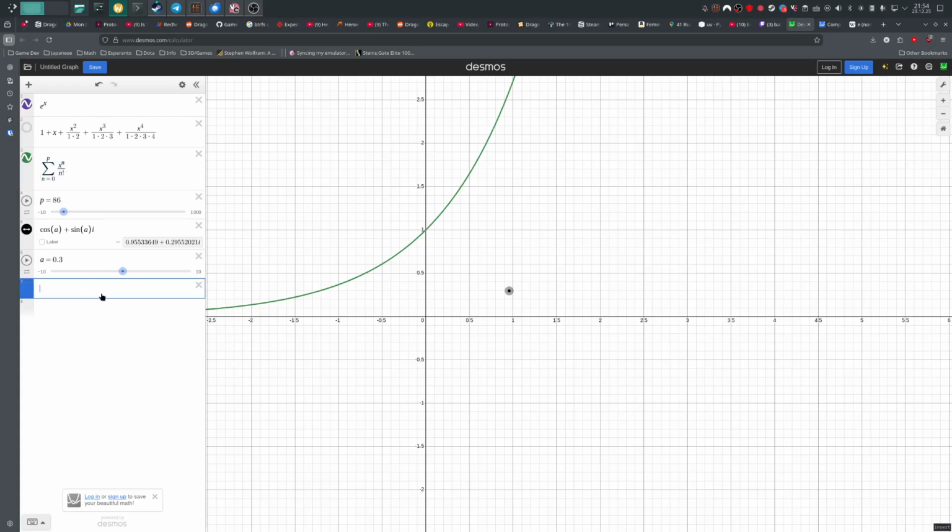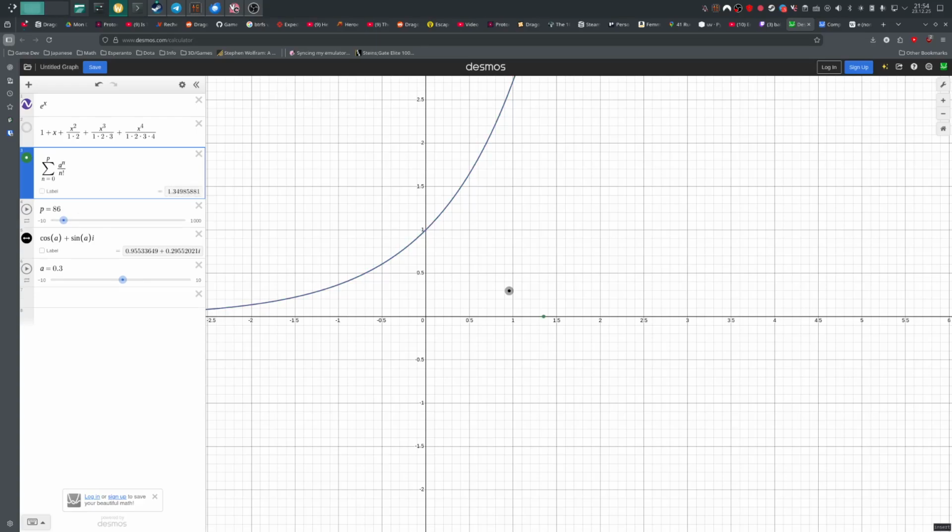So if I do this and I put an i, you see the value here? And they strangely match those ones really closely, right? Yeah, it's crazy. And as I move around, this black point follows the green one.